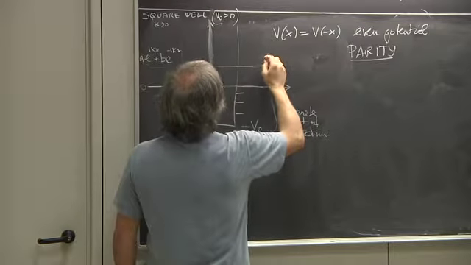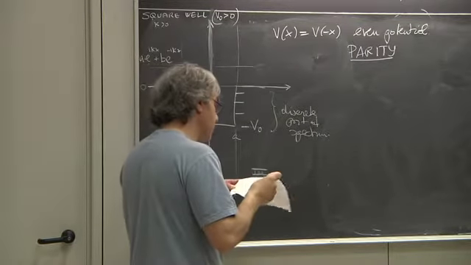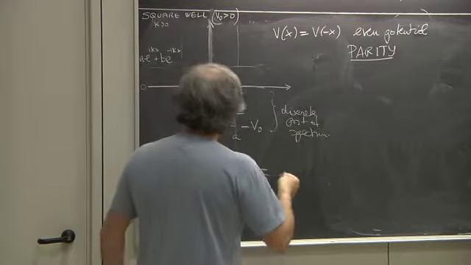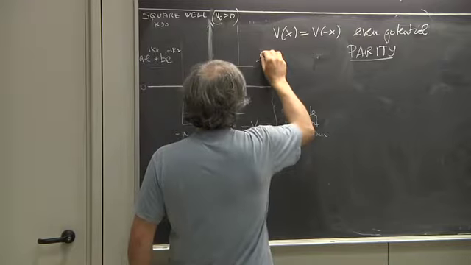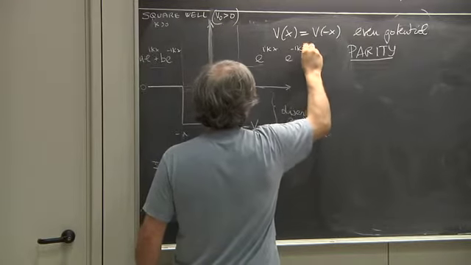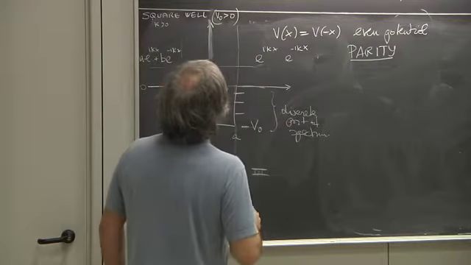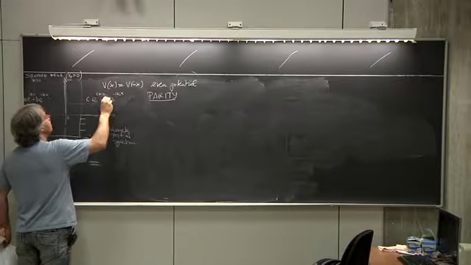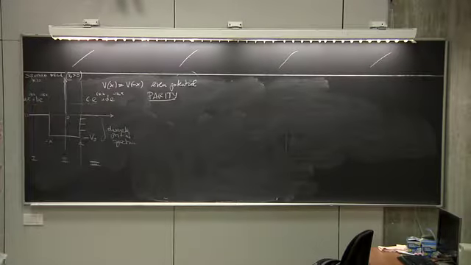What about the function here? You have two solutions, e to the ikx and e to the minus ikx, two possible things, C plus D. Okay?